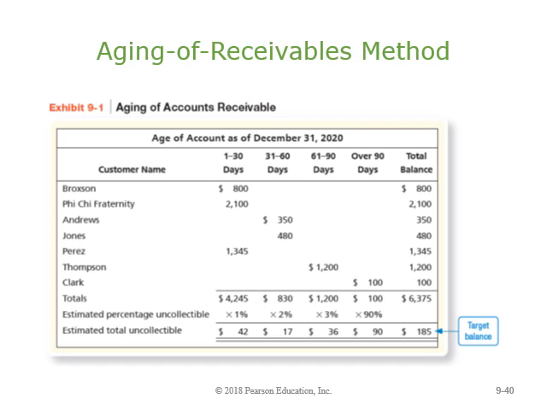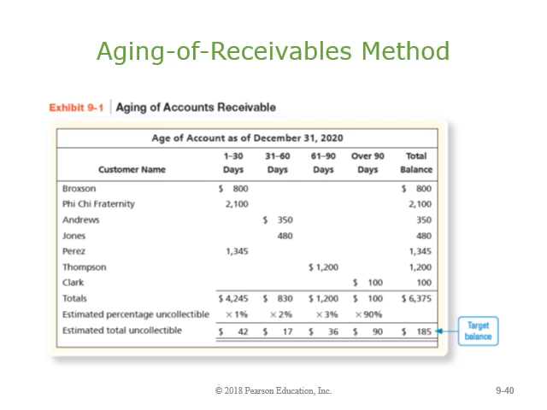For 31 to 60 days, we have $830 total owed to us, and we estimate 2% of that is uncollectible. For 61 to 90 days, a total of $1,200, and we estimate 3% is uncollectible. And then over 90 days, we have $100 in accounts receivable, and we estimate that 90% of that would be considered uncollectible.